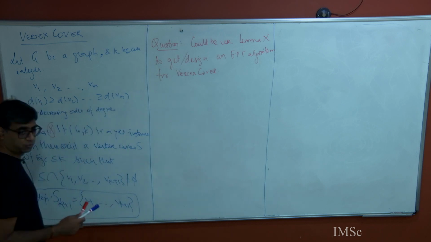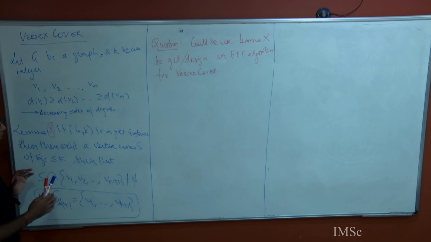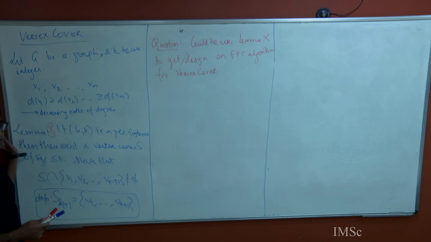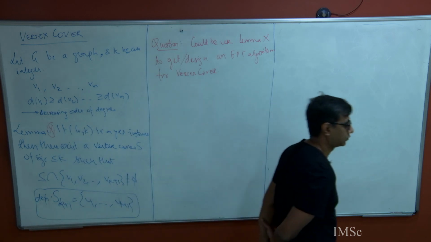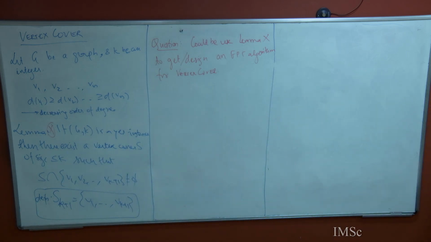What we proved last time is that there exists an optimum solution that is guaranteed to contain at least one of the top K plus 1 vertices. In plain words, this is what it means. Can we use that to design an algorithm? Could this lemma be useful in designing an algorithm?